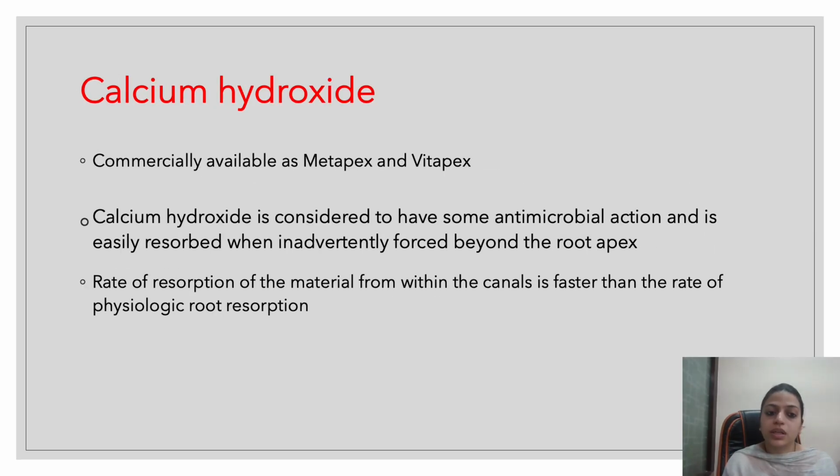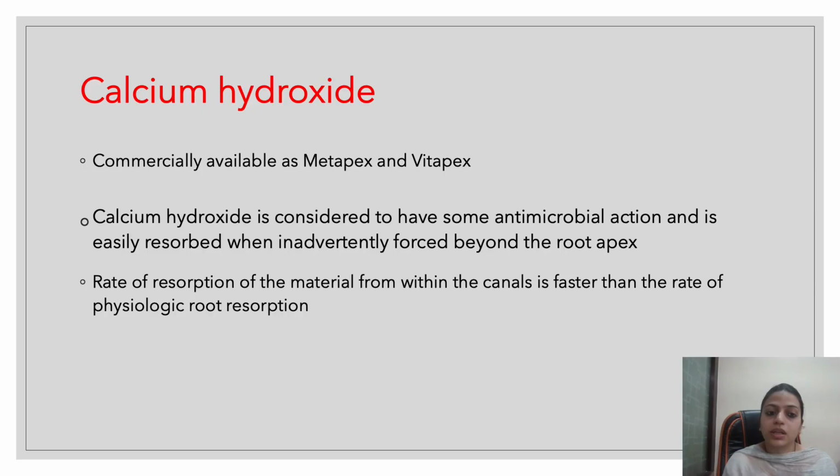Then comes calcium hydroxide. Commercially it's available as Metapex and Vitapex. That has the main component calcium hydroxide. Vitapex also has iodoform in it. So calcium hydroxide is considered to have some antimicrobial action. It is easily resorbed when it is pushed beyond the root apex, so we don't have to worry.